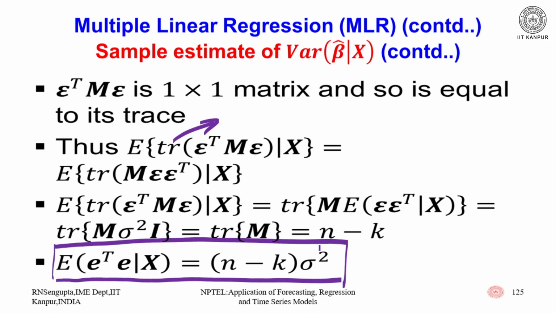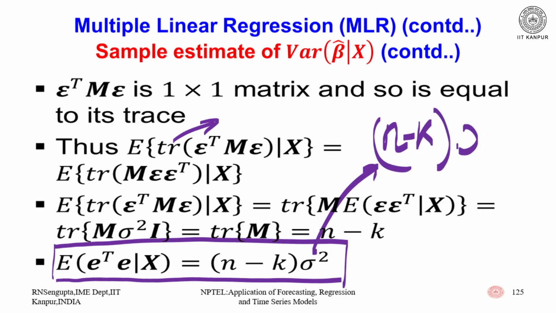So, if you see, the formula is n minus k into sigma square. Sigma square was the variance of the error, while the variance of the residuals is sigma square multiplied by a factor n minus k.